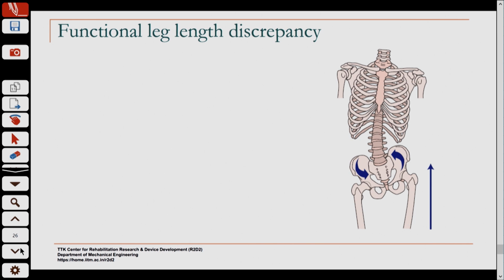The other strategy that a person could use, so circumduction is one strategy, the other strategy is known as hip hiking. So, what the person does is the pelvis is lifted on the side of the swinging leg.